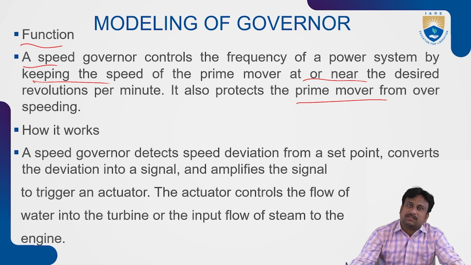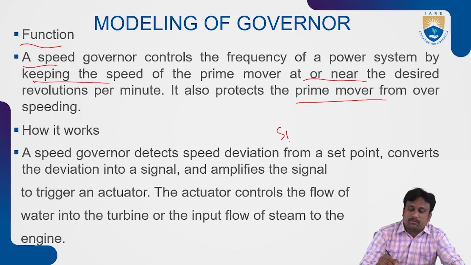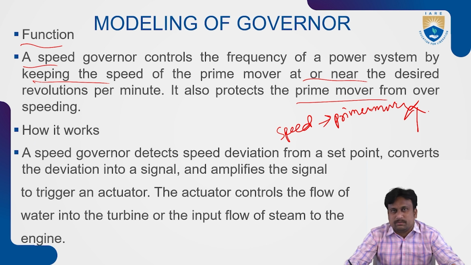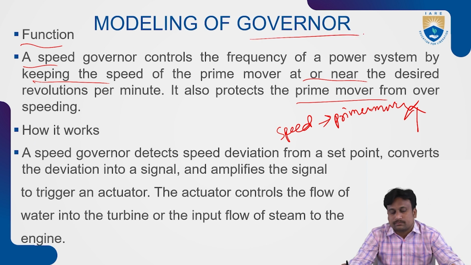That means in some situations, when excitation is increased, the speed of the prime mover increases. So we need to control the speed of this prime mover. That's why we need a certain mechanism called the governing mechanism.